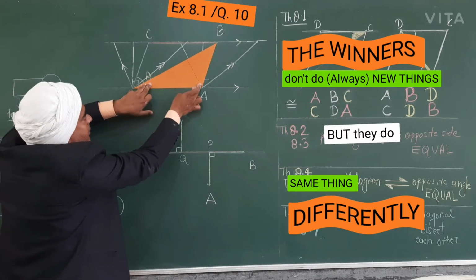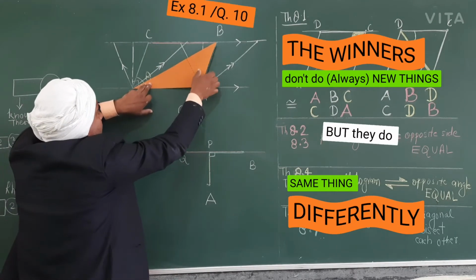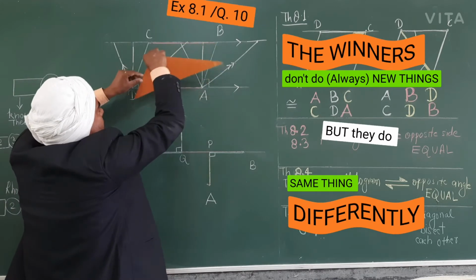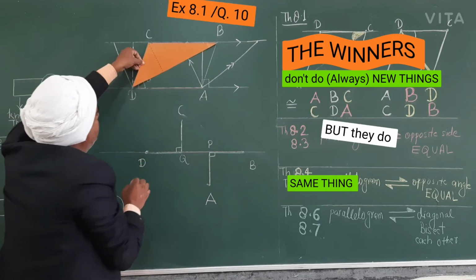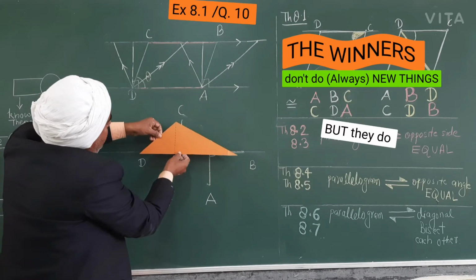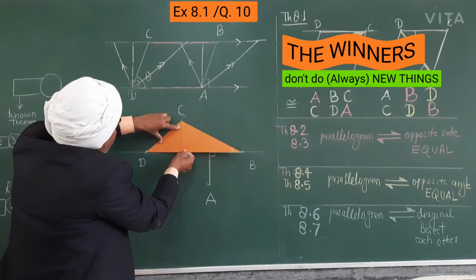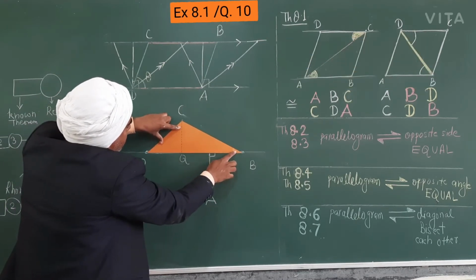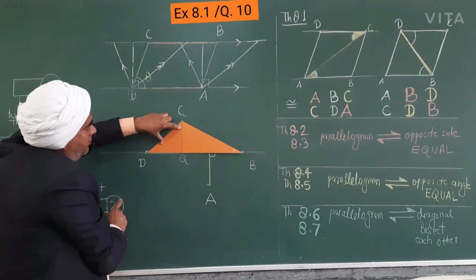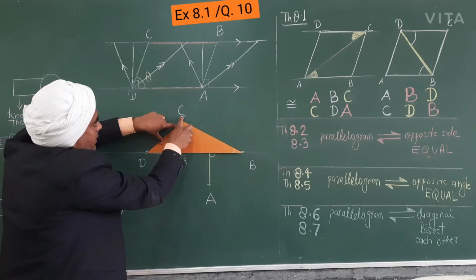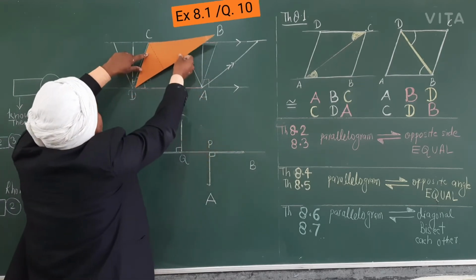The two triangles here and here are halves of the parallelogram. The same can be made here also. Just look at what I have made. Earlier it was C here.